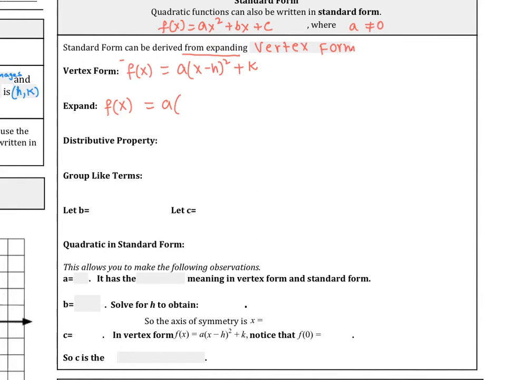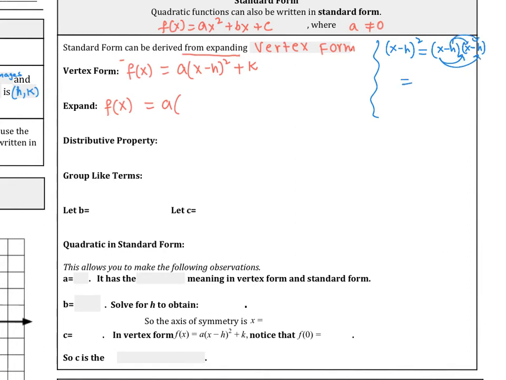In order to expand this equation, we are going to solve (x minus h) squared on the side here. (x minus h) squared is (x minus h) times (x minus h). Distribute or use FOIL.